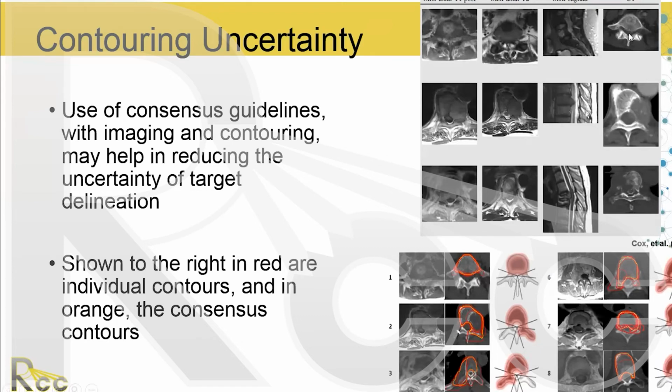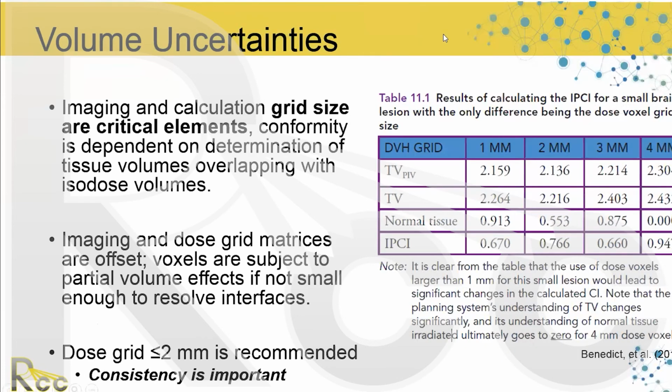And this is also showing the difference in what's visualized in the different planes. So how you're looking at things and the imaging protocol that you selected to look at it with are really important. So the grid size is also critical for calculations.